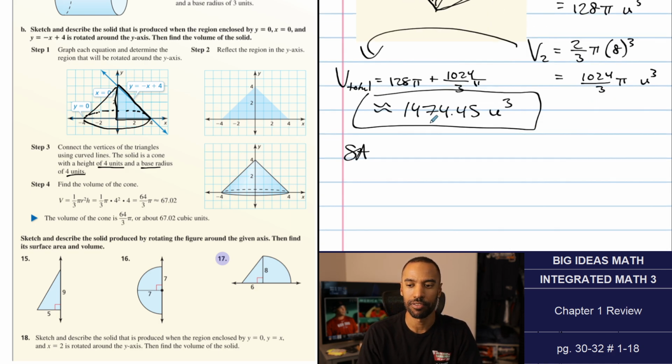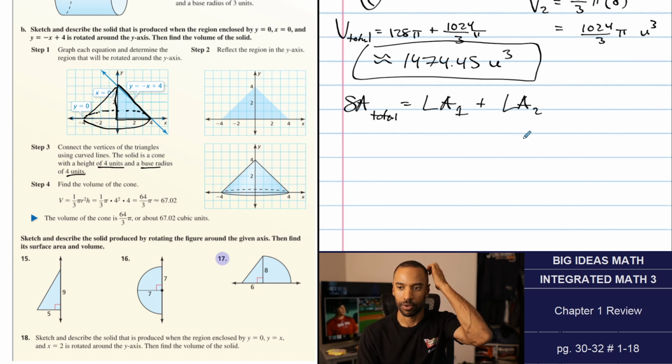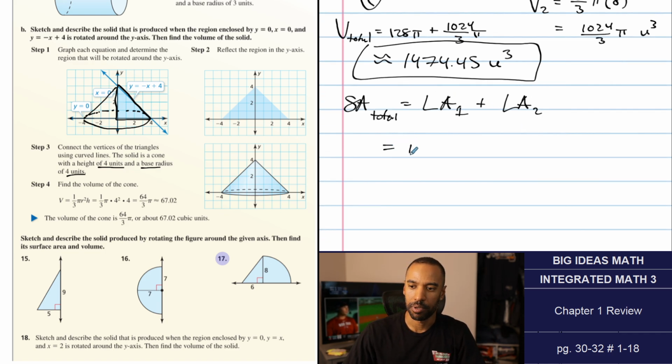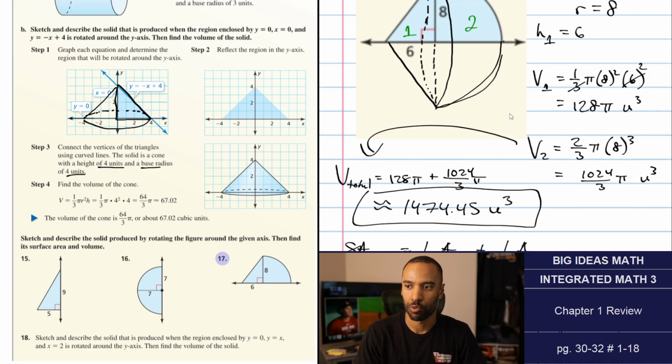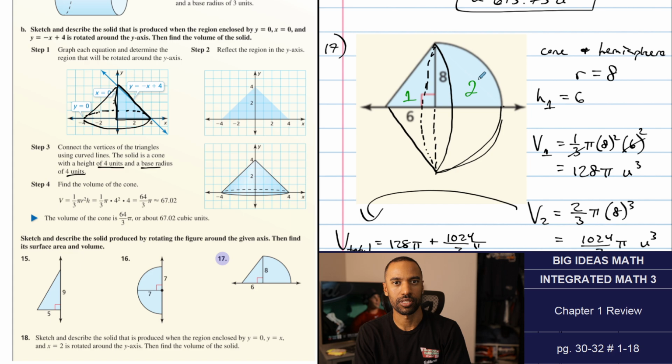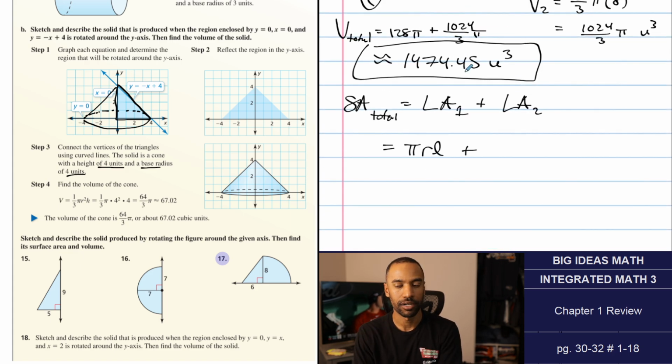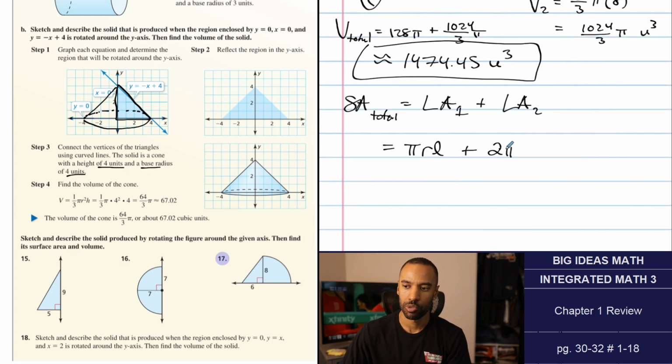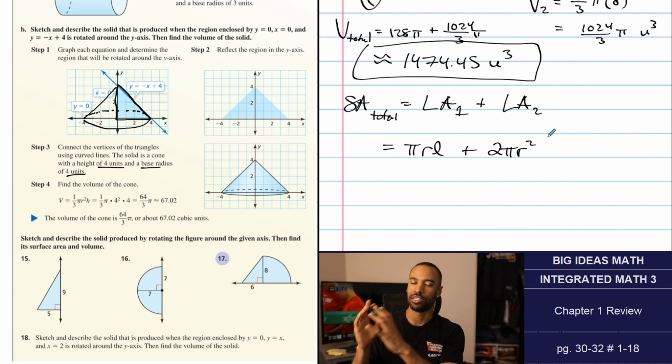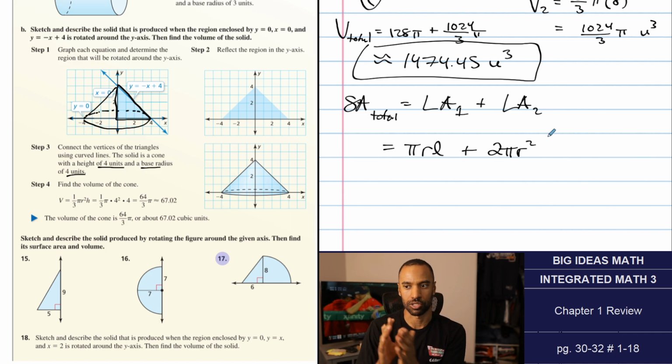The lateral area of the cone, the pi RL, so the lateral area of object 1, plus the lateral area of object 2, the hemisphere. So the cone will be pi RL, and this guy will be, remember 4 pi r squared is the surface area of an entire sphere, so hemisphere will be 2 pi r squared. But we don't add an additional pi r squared for that bottom circle. This is all we're going to do, just these two things here.